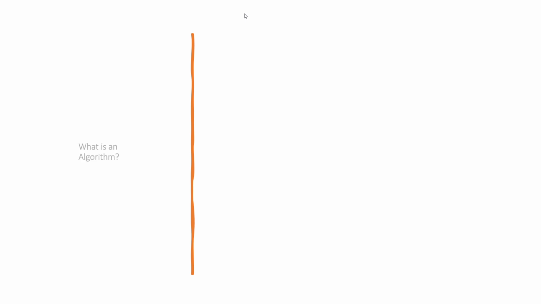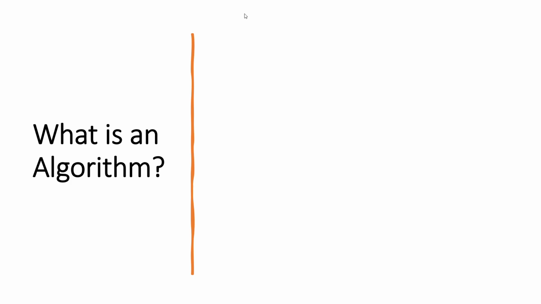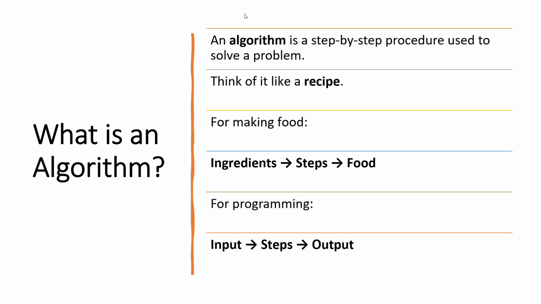What is an algorithm? Now that we understand the problem, input, process, and output, let's talk about algorithm. An algorithm is a step-by-step procedure used to solve a problem. Think of an algorithm like a recipe. When you want to cook something, you need ingredients and a sequence of steps.